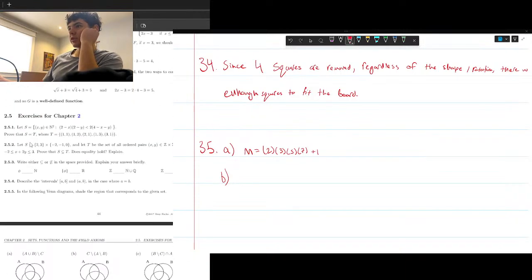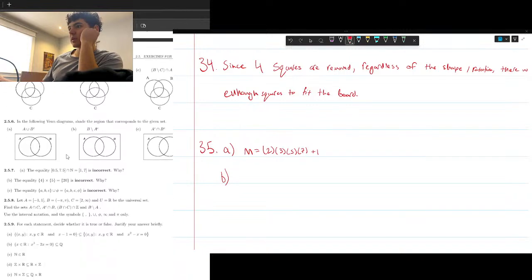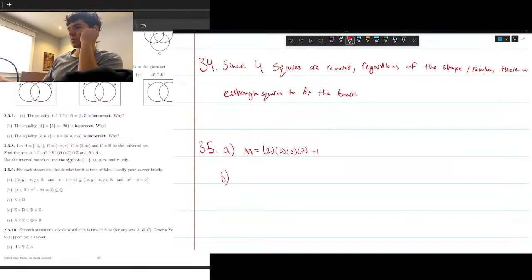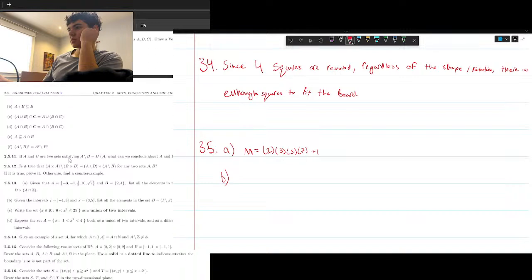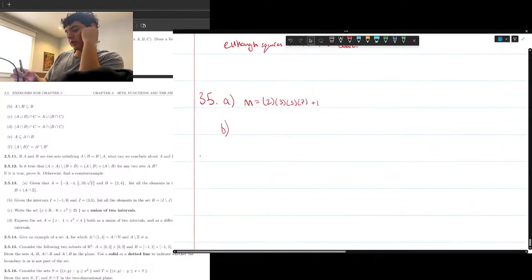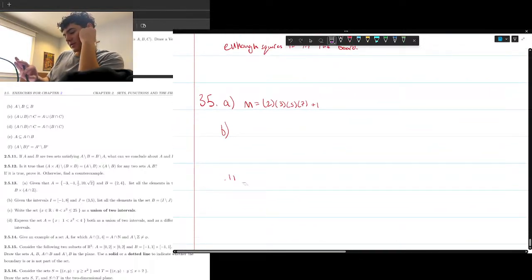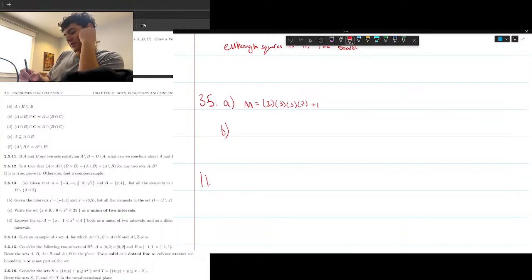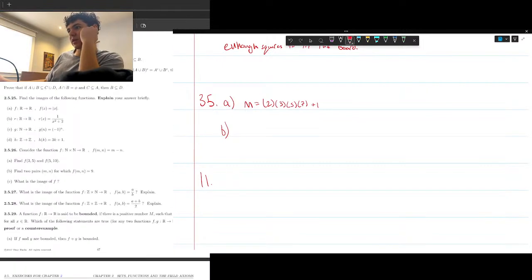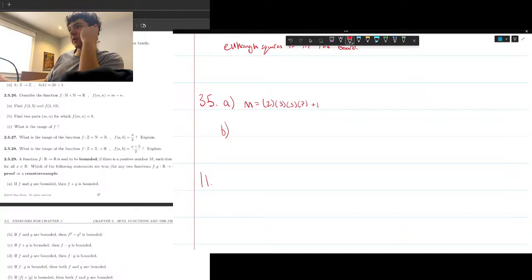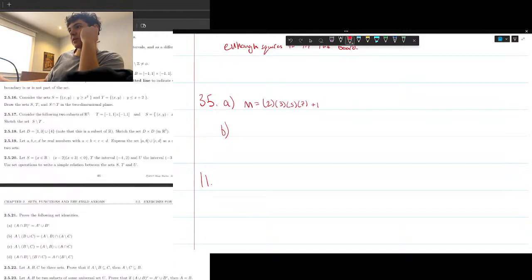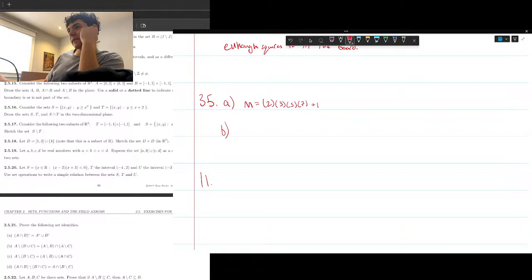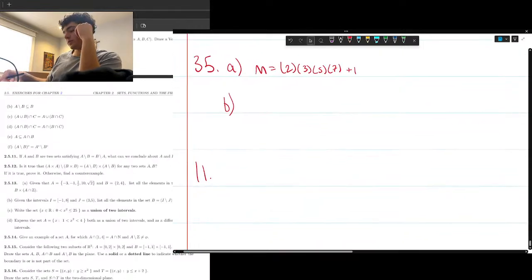Is there any double set inclusion? Can I just show that they're equal? I don't want to do any of this extra stuff. We'll do 11. For whatever reason, there are no double set inclusion questions here. I think the rest of them are. Oh, there it is. Interesting. There's a bunch. Okay, we'll do 11.